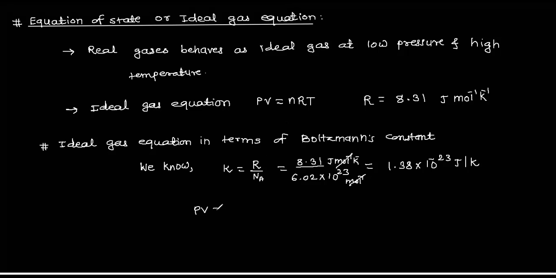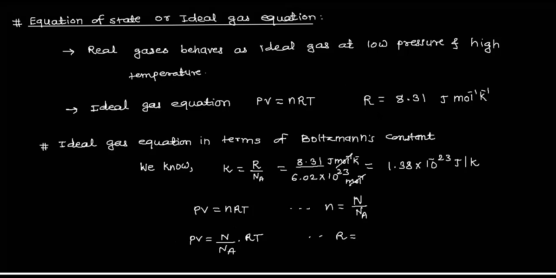Now PV is equal to nRT, and we know n is equal to what? Capital N by Na, the number of molecules by Avogadro's number. If I substitute this, then PV is equal to N by Na into R into T. Now again we know k is equal to R by Na.